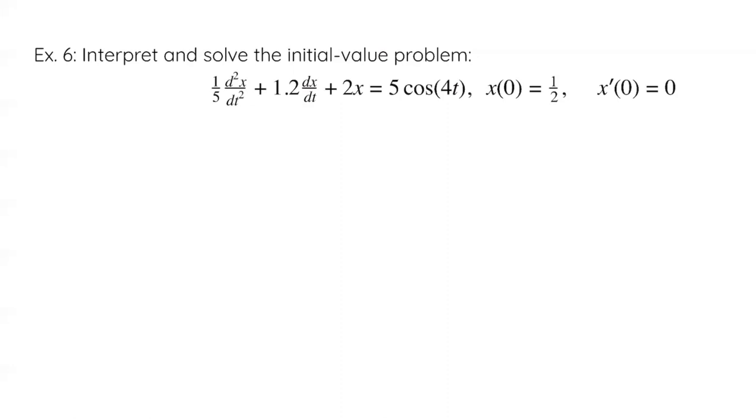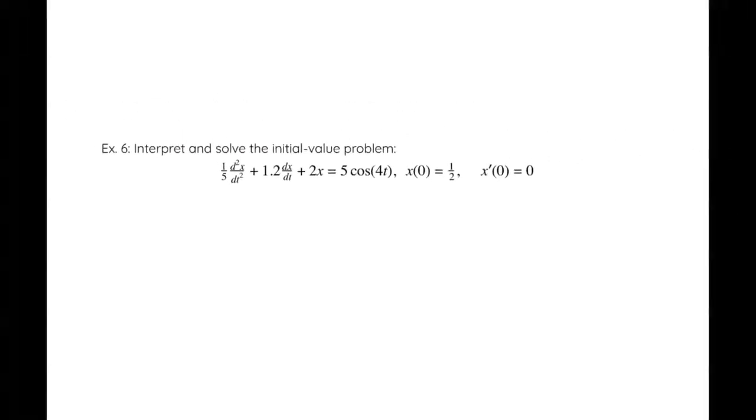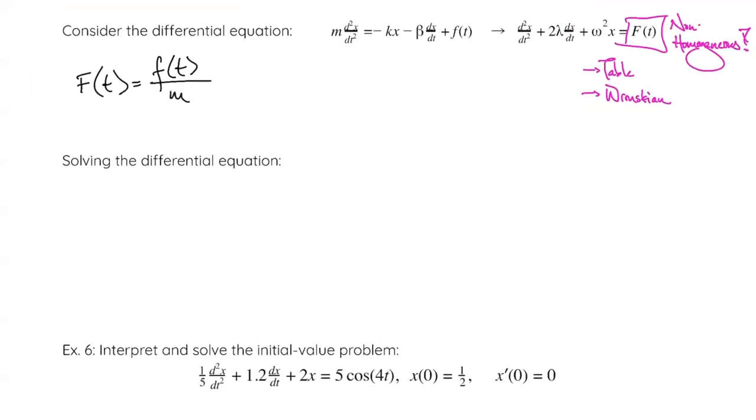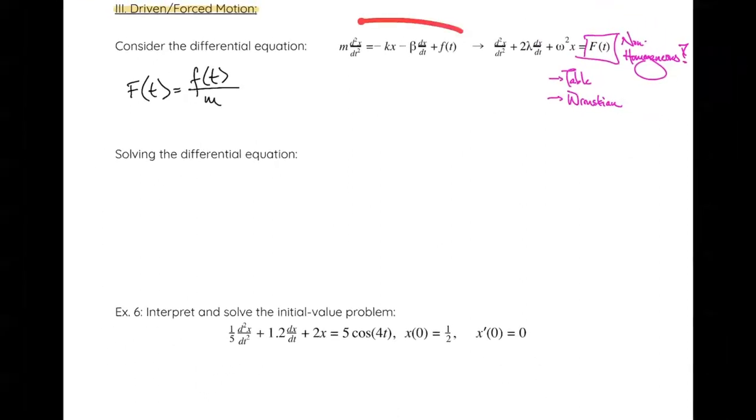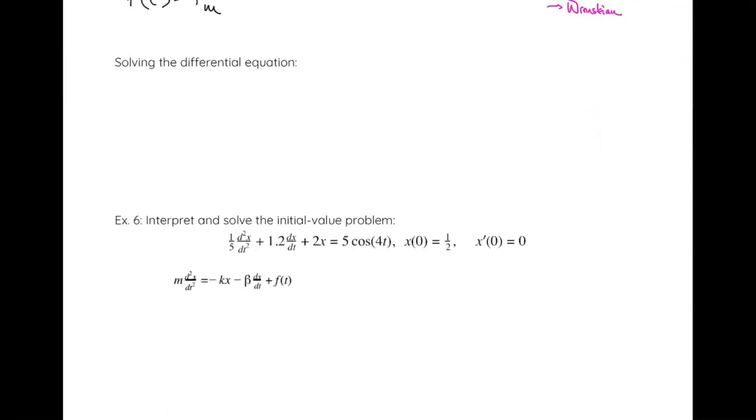All right, so let's start with this 1/5. Normally we divide through by that 1/5, but before we divide through, let's compare this to the equation up here. That 1/5 corresponds to the mass. Maybe it would be beneficial if I copied this down here so we could put it right below.